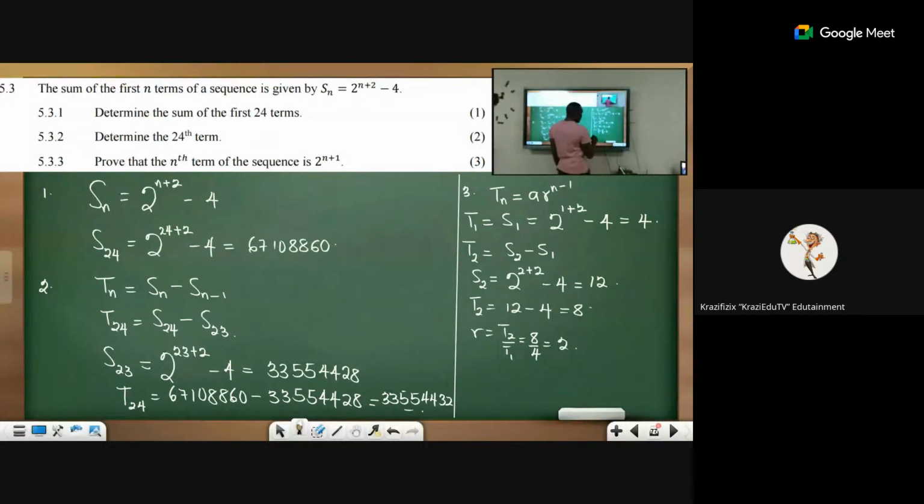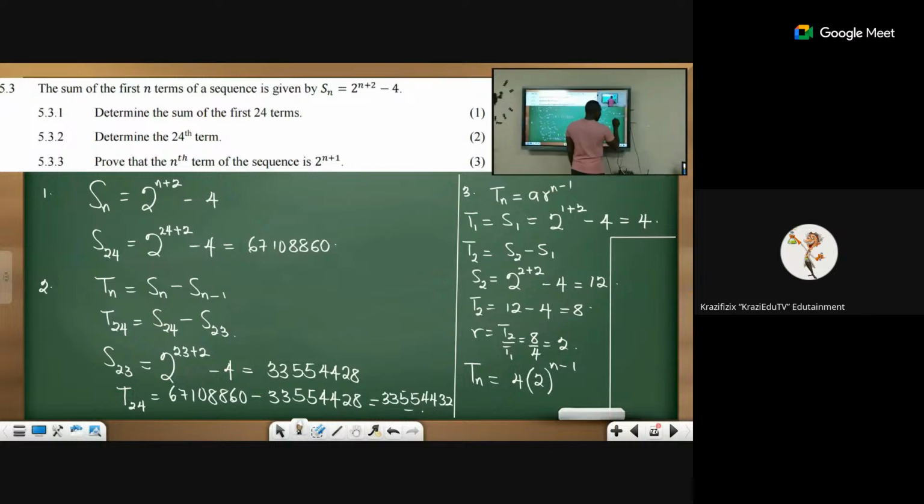So what is my Tn? What is my A? 4. What is my R? 2. So Tn is 4 times 2 to the power n minus 1. But it's not looking like what I want. Wait, I can rewrite my 4. The examiner wants you to do a bit of maths now. I can rewrite my 4 into exponent.